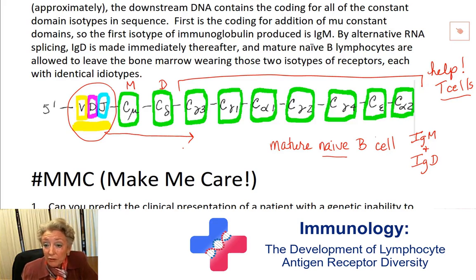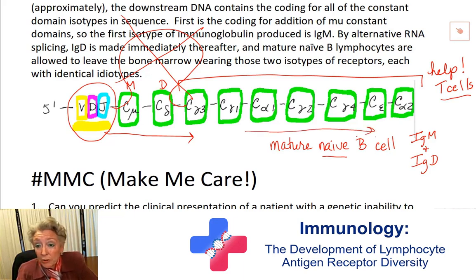Now, the process of constant domain addition is quite similar to what we saw before. I take the idiotype, I loop up the DNA, and I excise the intervening segment.